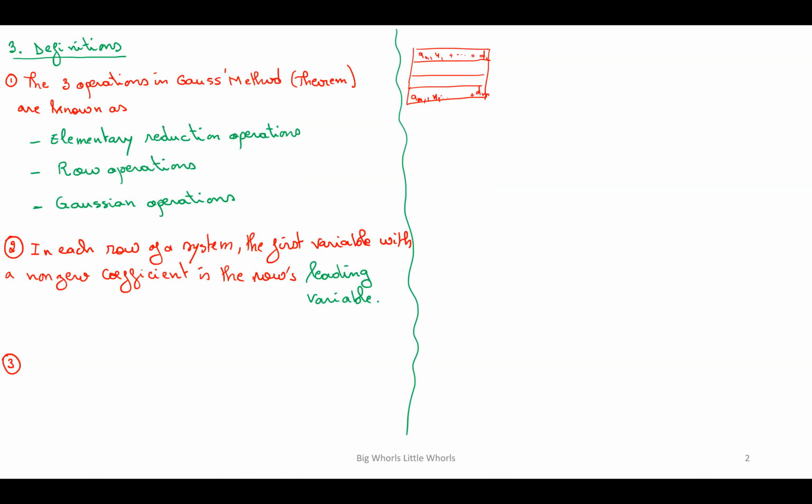This is our original system of equations. So we will perform Gauss's method, doing Gaussian operations, those three operations, on this original system, and Gauss's method will help us to have a new system called echelon form.